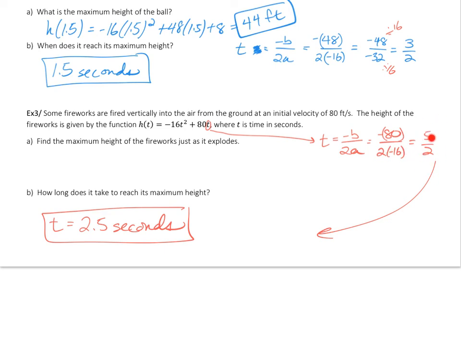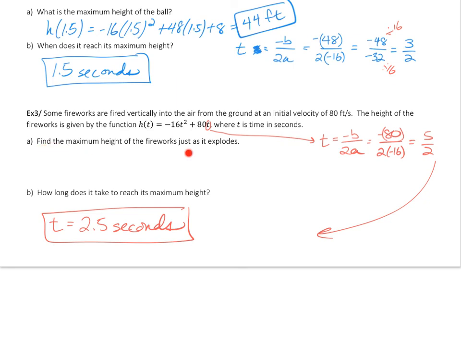This reduces to 5 over 2, and if you come down here, that tells you how long it takes to reach the maximum height. Time equals 2.5 seconds, or 5 over 2 seconds, that's fine too. Fractions are always welcome. In the real world though, people understand 2.5 seconds instead of 5 over 2 seconds. So it's just your preference.